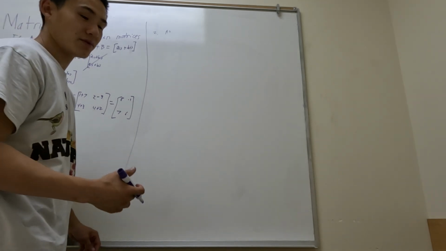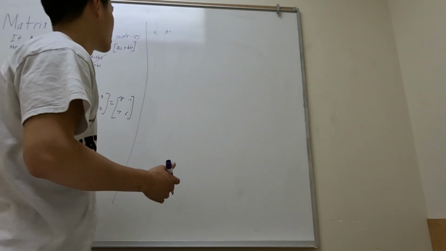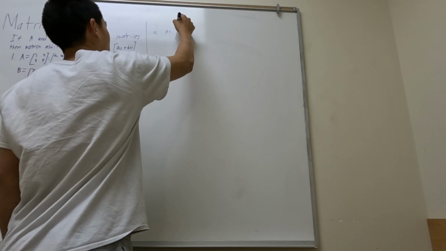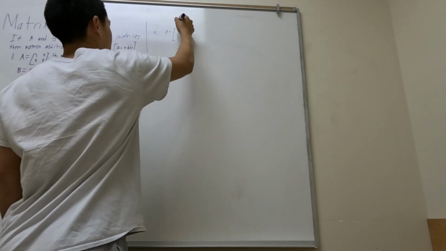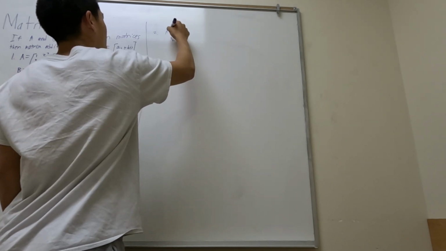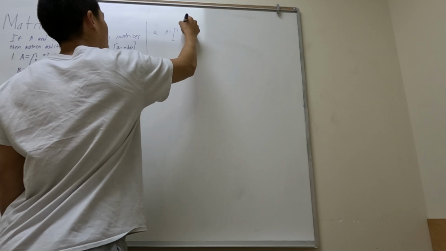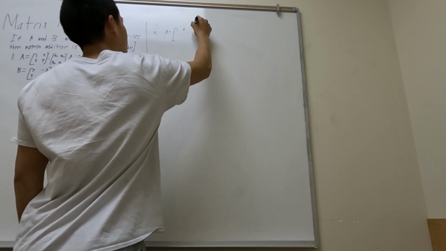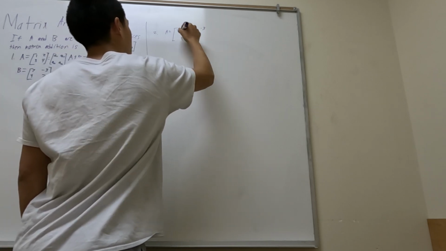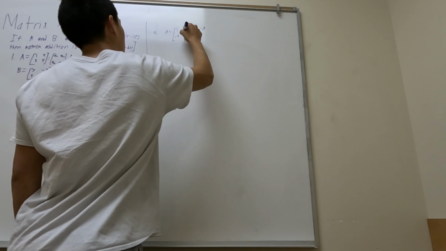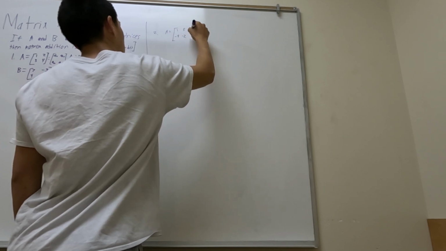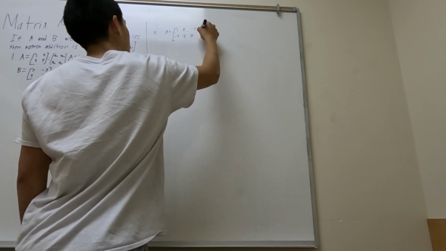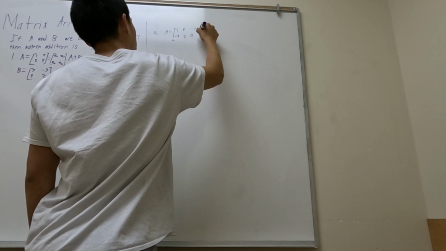Get it down real quick and easy. Anyway, A equals 1, 8, negative 4, negative 3, negative 4, negative 2, 0, 7.